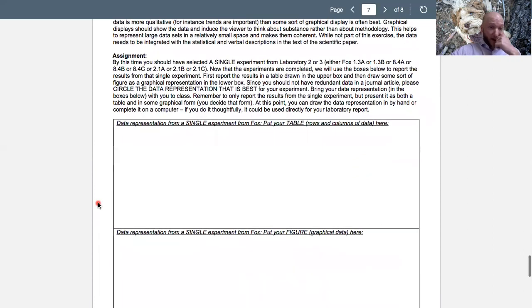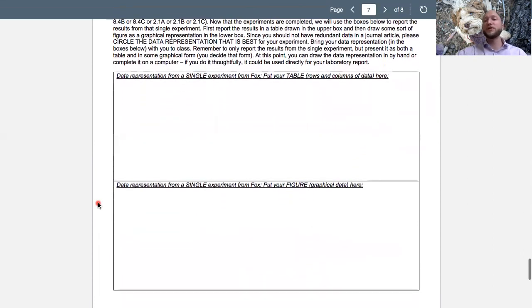So down here, I want you to do your visual representation for your data for your experiment. Now, some students get thrown off because some of our experiments are fairly simple and have 1, 2, or 3 data points. That's all right. I understand that.